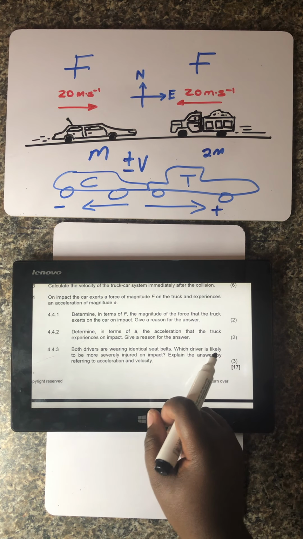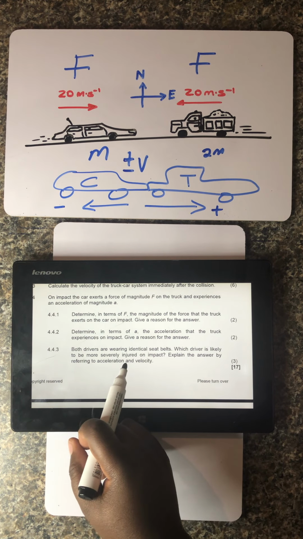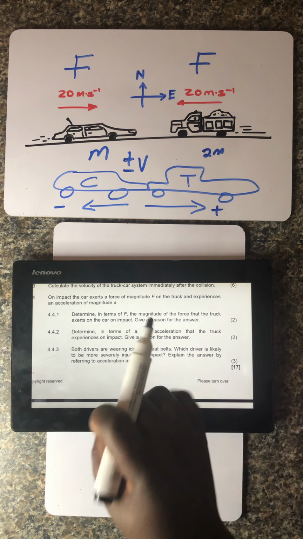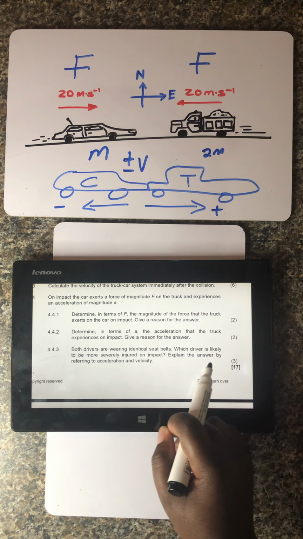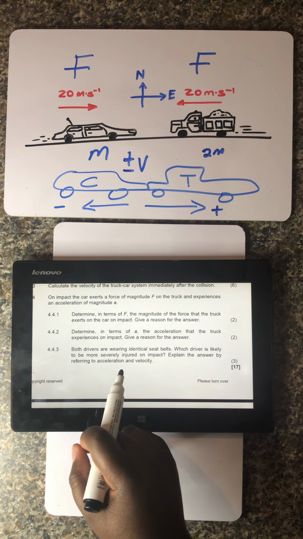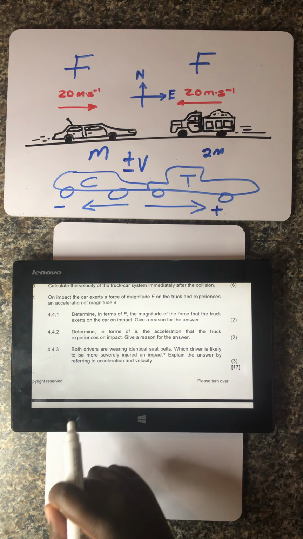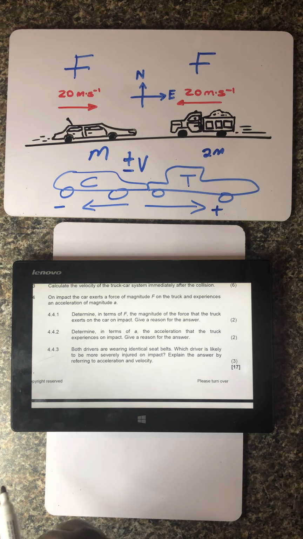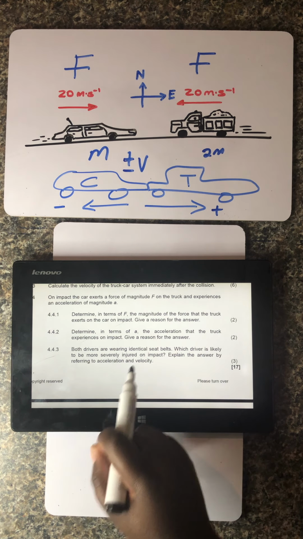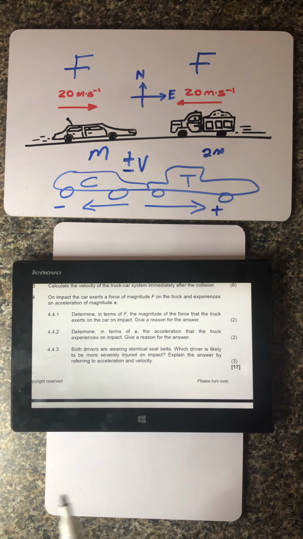Which driver is likely to be more severely injured on impact? You're going to score a mark for answering that. Explain the answer by referring to the acceleration and velocity. By commenting on the acceleration, you're going to score a mark. By commenting on the velocity, you're going to score a mark.